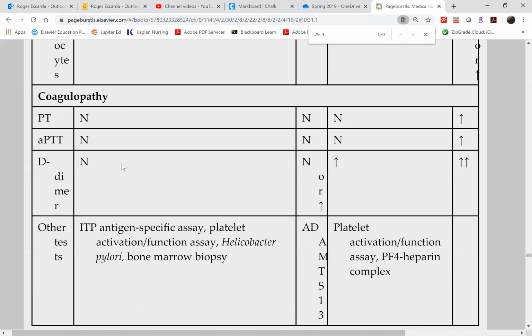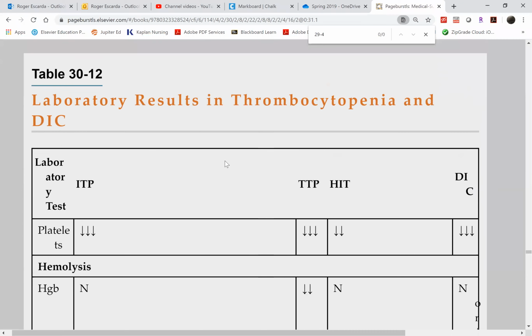No, because the nature of ITP is you are destroying your platelets. You are forming antibodies against the platelets, so therefore, are you clotting or are you bleeding? You're bleeding.